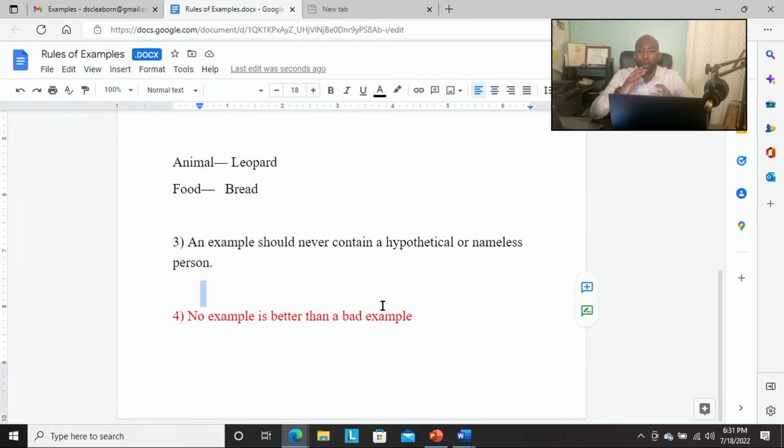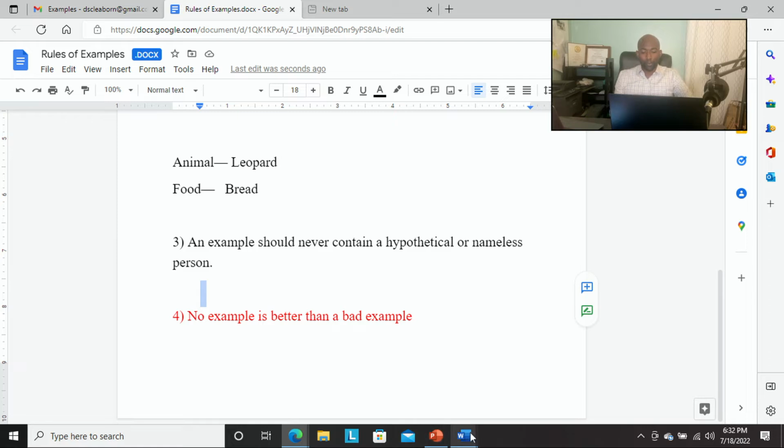You want to avoid poisoning your paragraph with examples that just aren't up to par, okay? A good example definitely aids your paragraph, but a bad one can really, really hurt it, okay? So no example is better than a bad example. If you can't think of a good example and a good explanation for that example, then just leave it. Just write your topic sentence and a good explanation and just leave it like that. And save that corruption inside of your body paragraphs, okay?